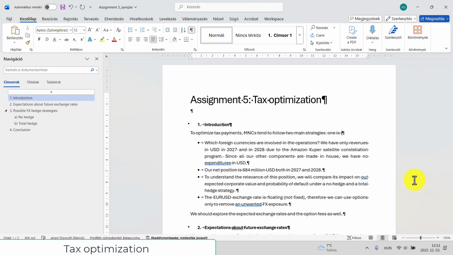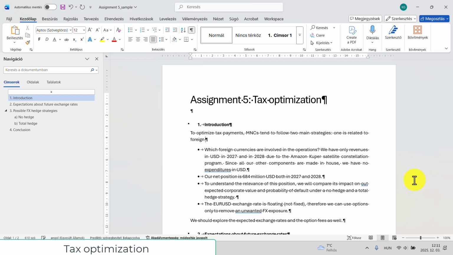One is related to foreign revenues and the other is to intangibles, so royalty fees, or licenses, and so on.